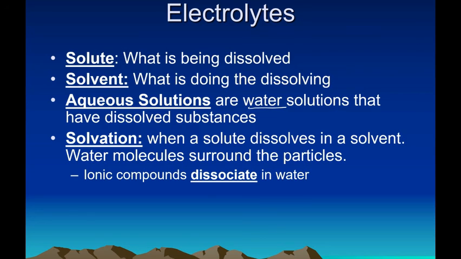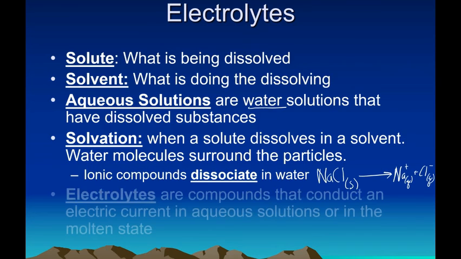Now, when you have an ionic compound, they dissociate in water. So when I have something like NaCl, solid, and it dissolves in water, what ends up happening is I end up having Na plus aqueous plus Cl minus aqueous. And that's actually what allows your ionic compounds to conduct electricity when dissolved in water, because these ions dissociate and it allows for your electricity to flow.